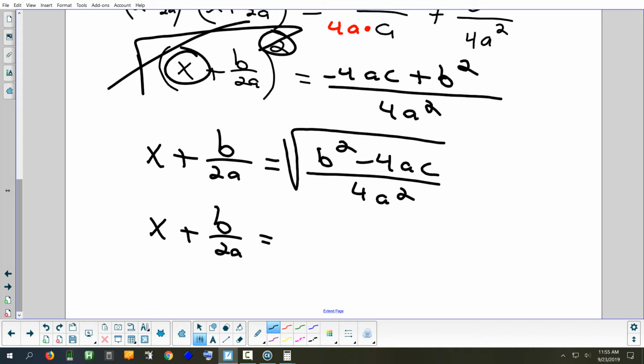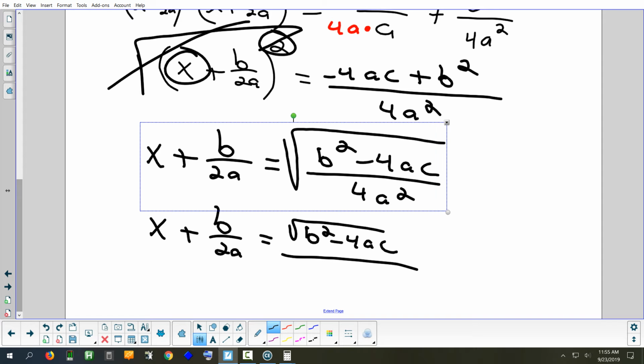The top you can't really simplify. The square root of b squared minus 4ac over, what's the square root of 4a squared? 2a. Now when we take a square root, how many answers do you always get? 2. Plus or minus.